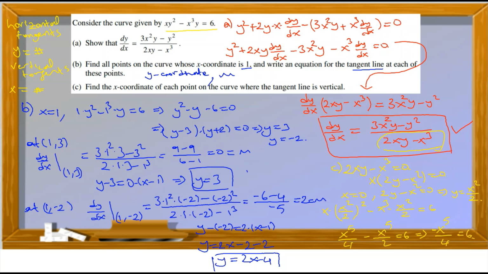If we do cross multiplication, we get negative x to the 5th equals 24. From here, we need positive x to the 5th, so x to the 5th equals negative 24. If I take the 5th root of each side, we get the vertical tangent at x equals the 5th root of negative 24. So that's our solution for part C.